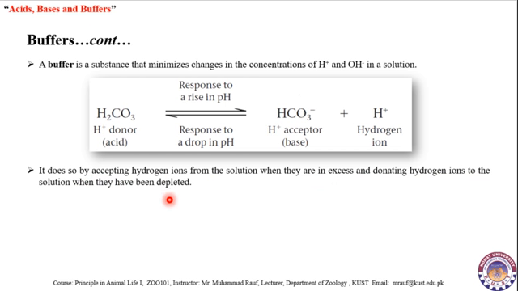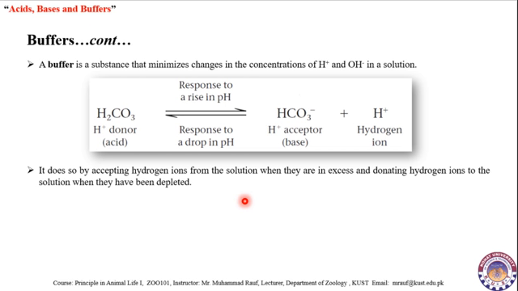So when hydrogen ions are in excess, they will be in excess only when an acid is added, because acid increases the concentration of hydrogen ions. So what will happen if an acid is added?